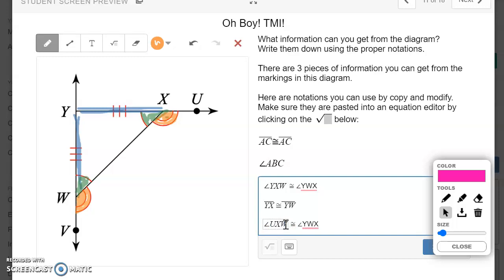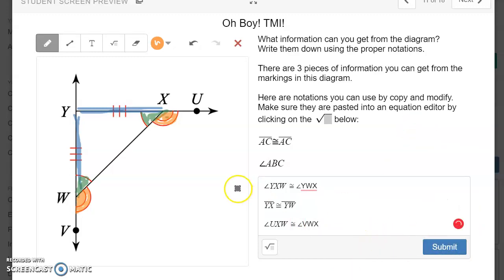And is congruent to, now we need to name this yellow angle, VWX. So I'm going to call that VWX. Okay. All right. And those are the three things we were taught that were congruent.